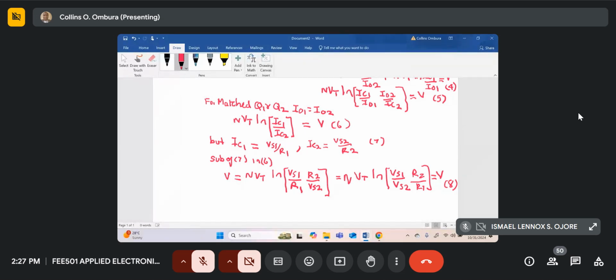So any one of the equations is sufficient. So to prevent confusion, let's just rub one of these.